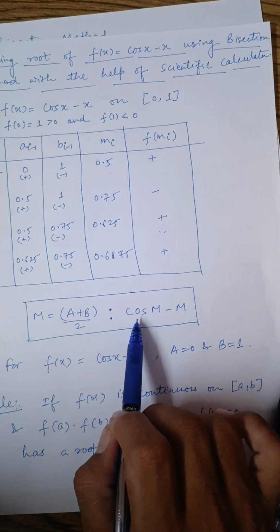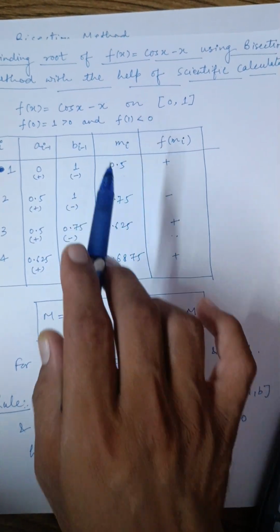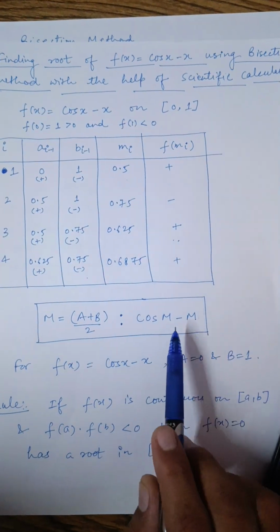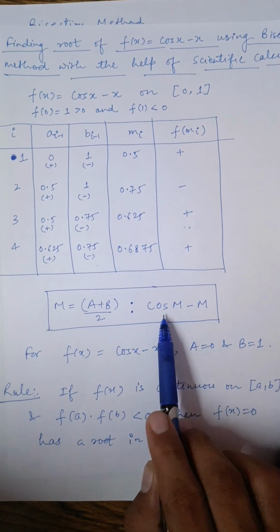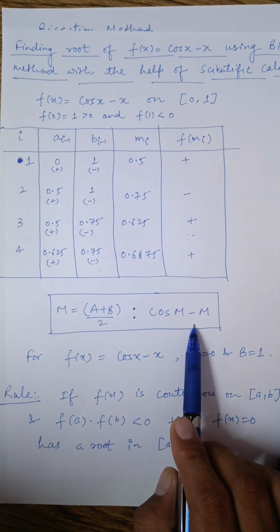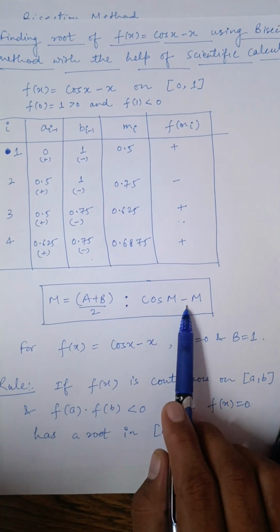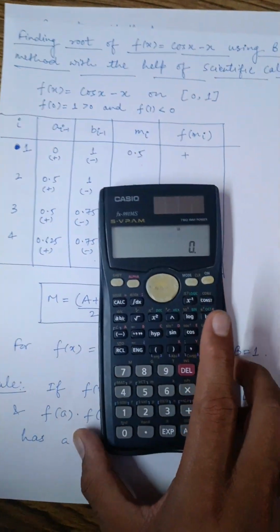It will also calculate cos m minus m, because the function is cos x minus x here, so we have to calculate the value of the function at the midpoint, f(m). So at m it will be cos m minus m. So we'll type this equation and then we'll proceed and check.